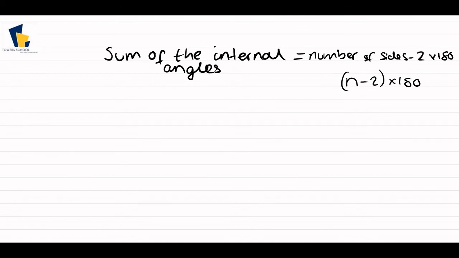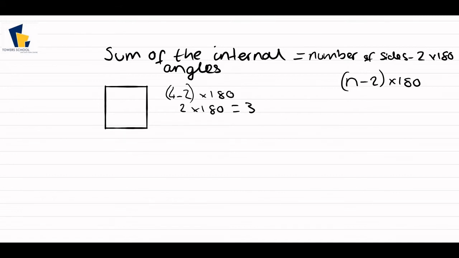If we take a square, we know that it has 4 sides. So we're going to do 4 minus 2 times 180. 4 minus 2 is 2, times 180 is 360. So the angles here will all add up to 360.